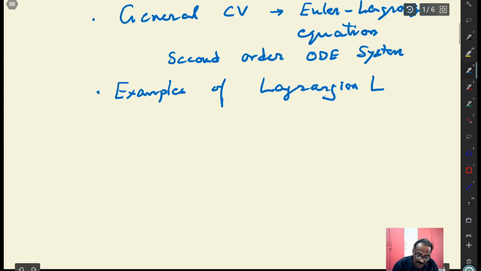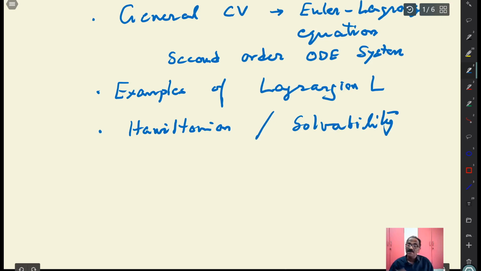After that we introduced what is called the Hamiltonian, and you see that there is a solvability issue. In classical mechanics this solvability issue does not arise because it automatically satisfies the solvability. But for a general Lagrangian, the solvability may not be there, so you have to make it an assumption.